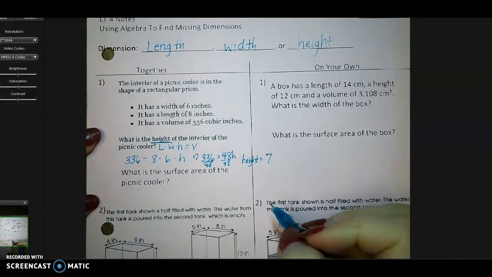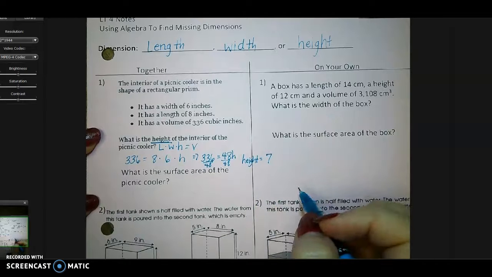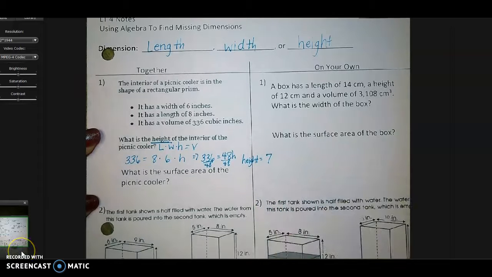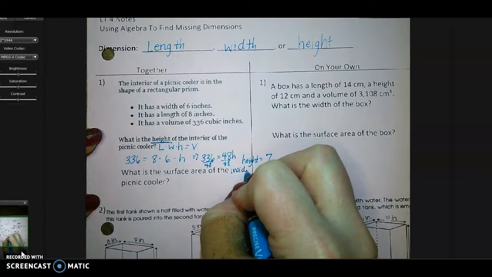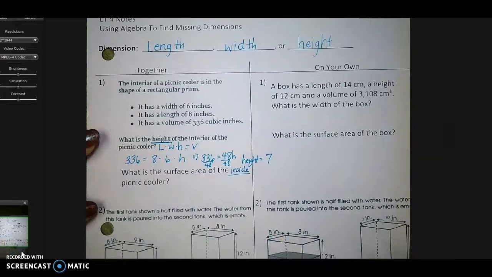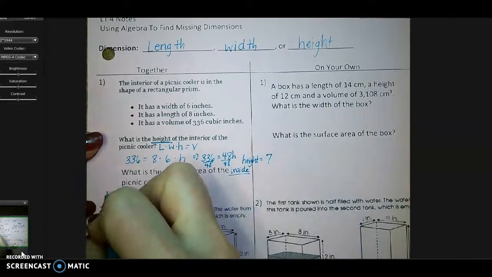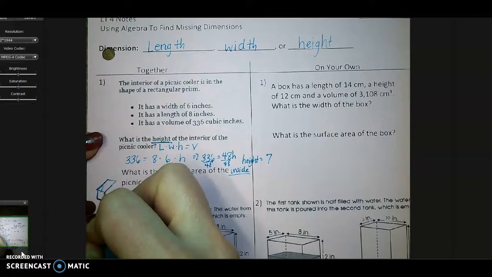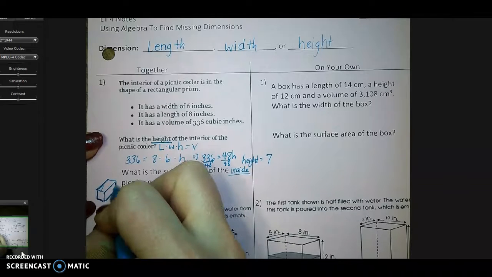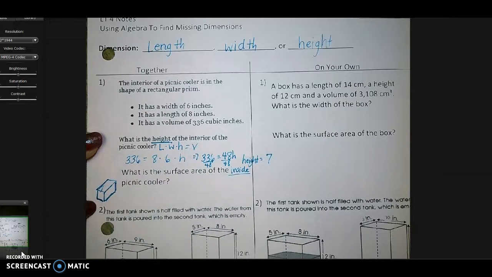Now once we know the height, it says what was the surface area of the picnic cooler. And we're going to be looking for the inside of the picnic cooler. So if you think about the picnic cooler, the inside of it's going to be in that shape.